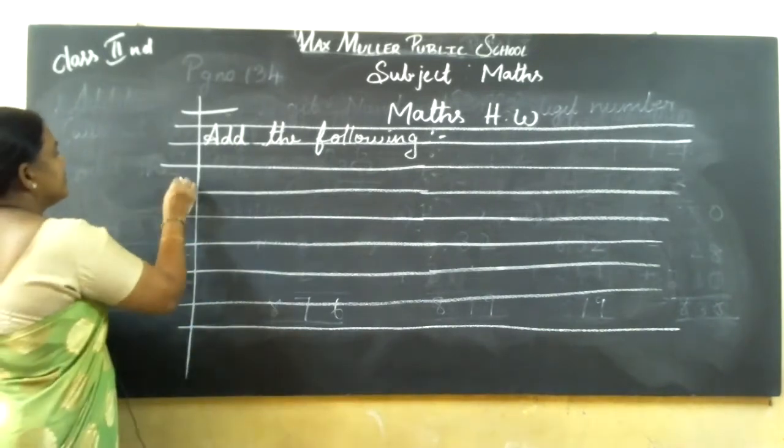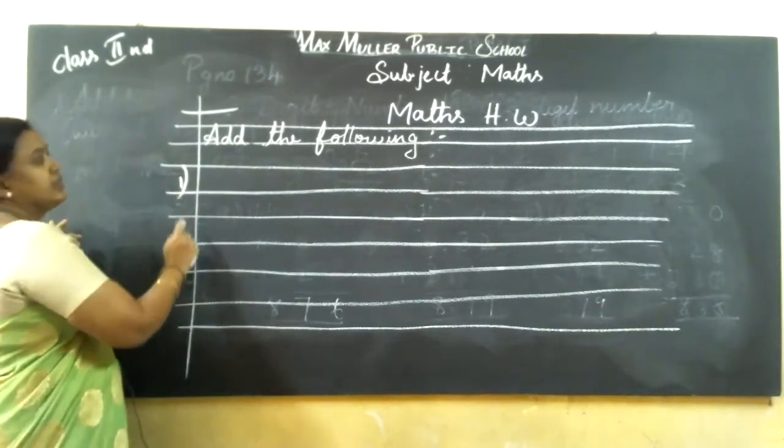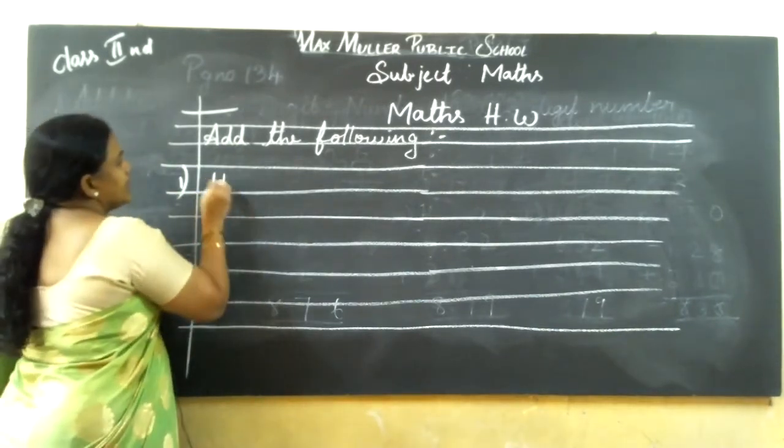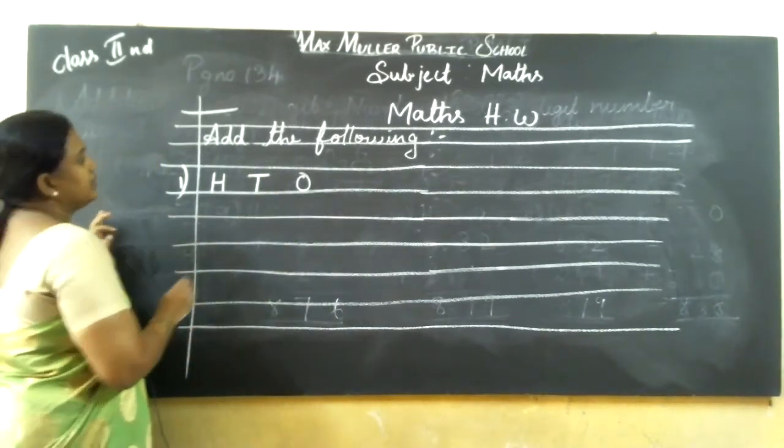First one. Leave one line. First one. Write 100, tens, ones. This is the homework.